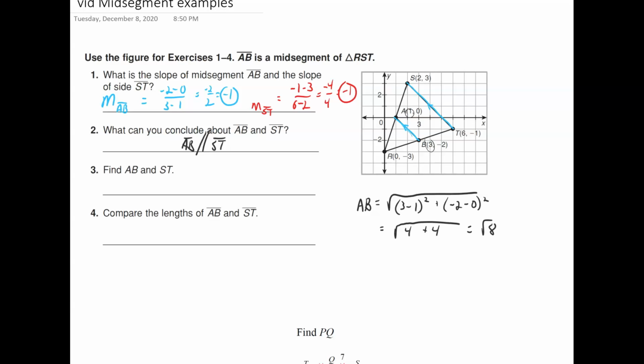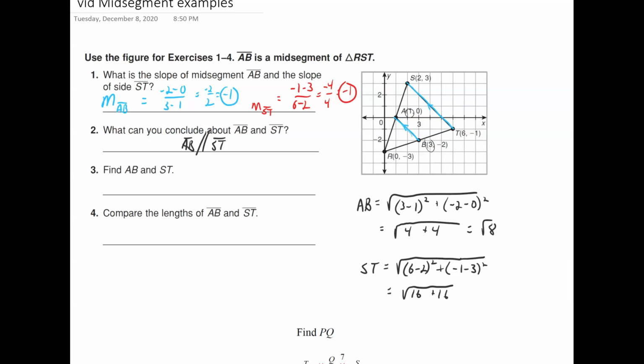All right, what about the length of ST? So we'll do that here. ST is equal to the square root of, now we're looking at the S and the T, so the distance between the x's is 6 minus 2, and the distance between the y's is negative 1 minus 3, and that reduces to 4 squared. 4 squared is 16, plus another negative 4 squared is also 16.